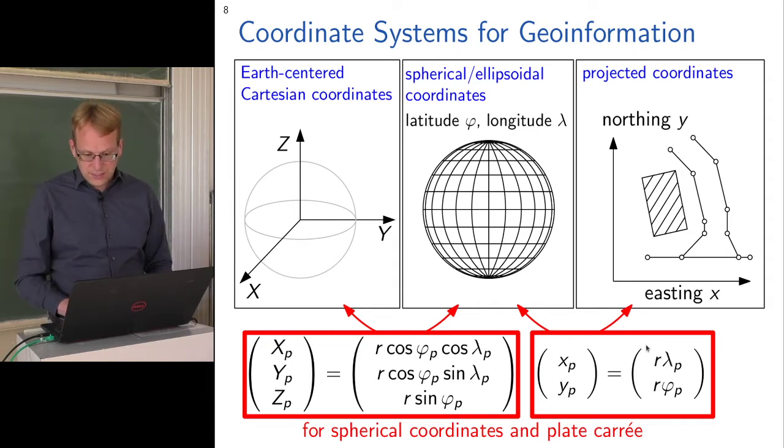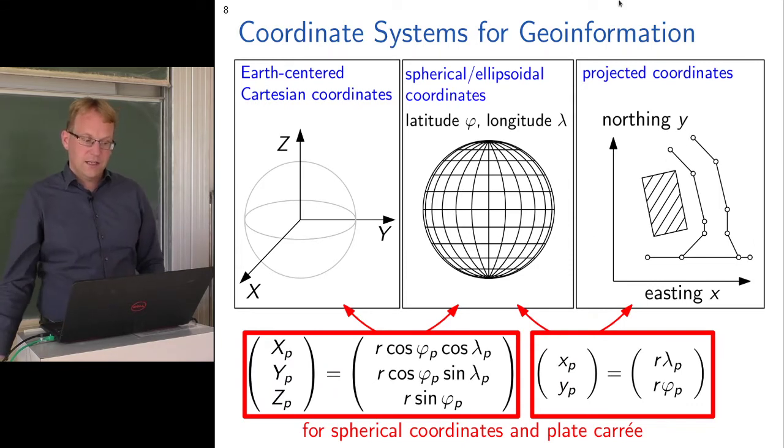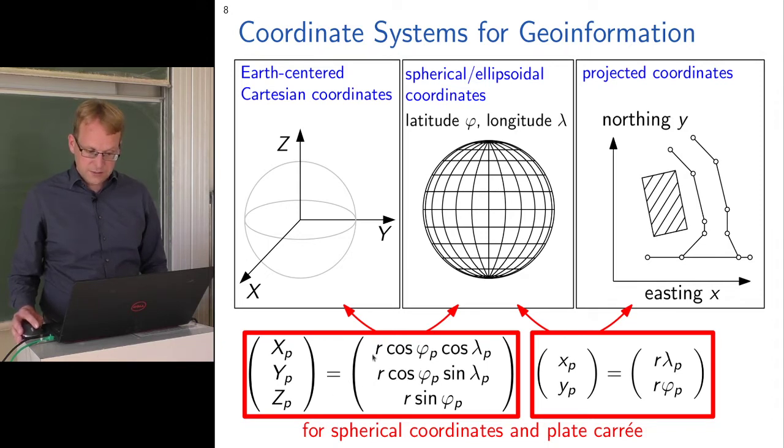And this relationship establishes the relationship between the picture in the middle and the one on the right hand. But you can, of course, also convert between these projected coordinates and these Earth-centered Cartesian coordinates. Then you would have to go first from the projected coordinates to the spherical coordinates, and from there, via this equation, to the Earth-centered Cartesian coordinates.